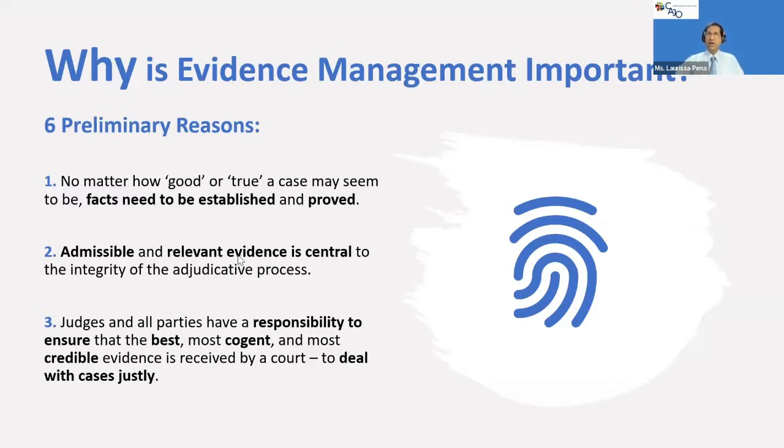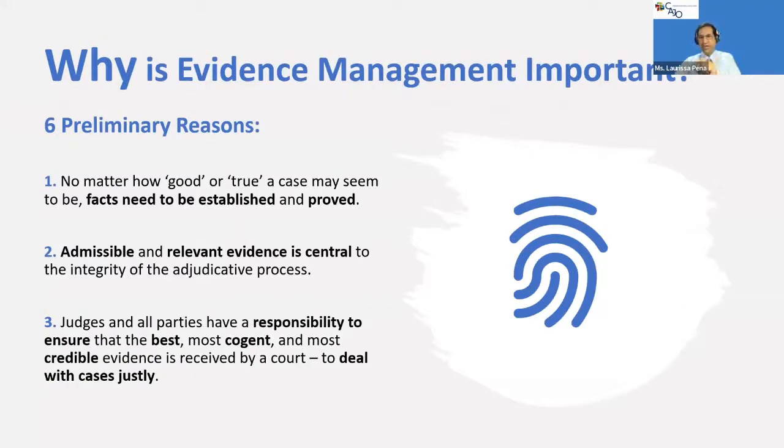Another reason why it's important is because, of course, evidence must be admissible and relevant. That is central to what we do as fact finders and decision makers. And also very important is this under the CPR in particular.